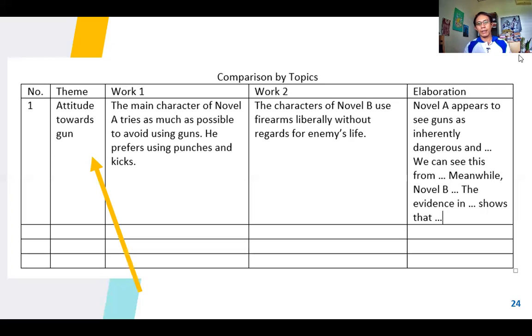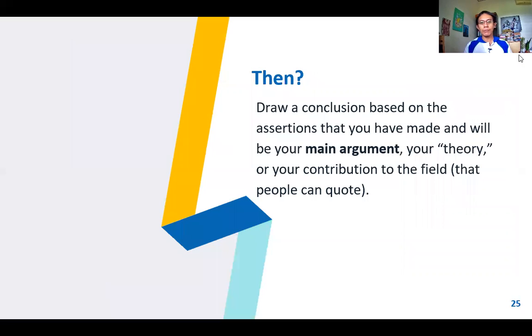And that, again, you will take notes of this part and keep this as your assertion, okay? Something that you have found. You collect many of these, and eventually, after you have many assertions, you can draw a conclusion, and that will be the argument that you propose at the end.